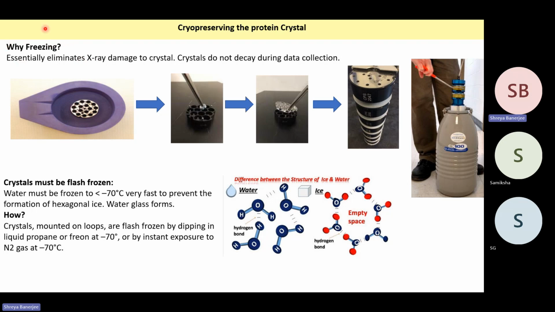And another thing is that, with X-ray, we know wavelength is very small, and small wavelength means high energy. So when you're passing high energy X-ray through the crystal, it can damage the crystal. So the freezing of the crystal at a cool temperature protects it from damage during the data collection process.